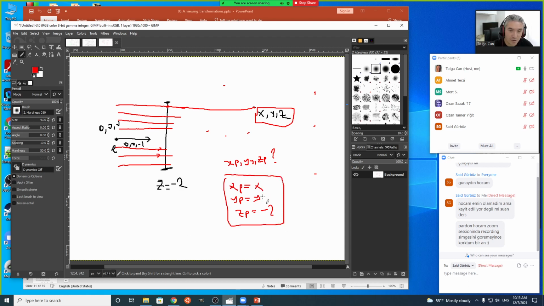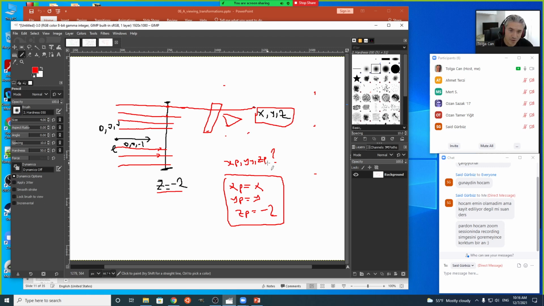Your X and Y coordinates do not change, and every pixel is going to have a Z coordinate of -2. But if we project like this, converting everything to -2, we lose the depth of the objects. For example, if you have a rectangle and there's a triangle behind it, their vertices are going to be projected onto the same Z, so depth information will be lost.